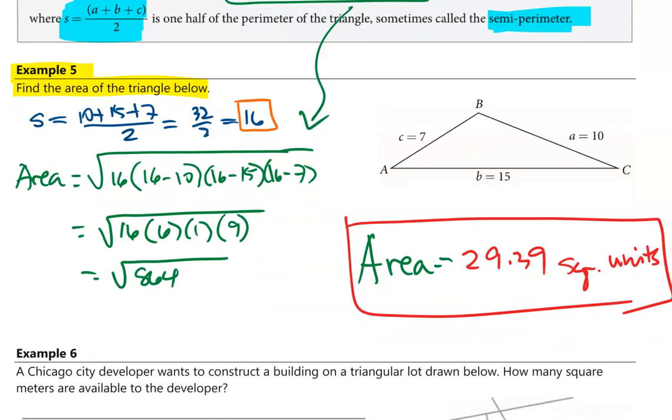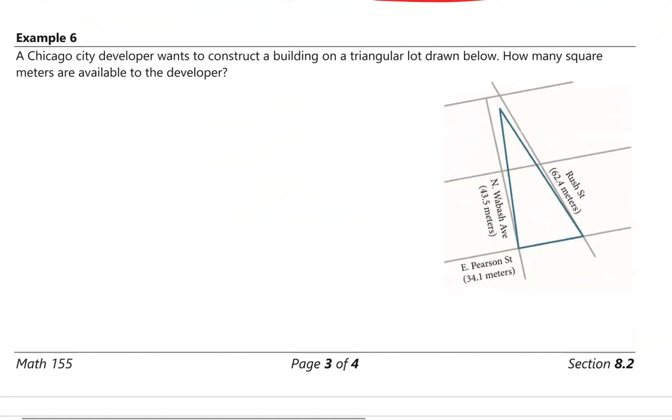Okay, example number 6 next. A Chicago city developer wants to construct a building on a triangular lot drawn below. How many square meters are available to the developer? So we have here the sides.